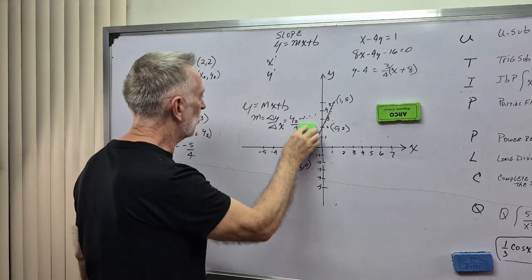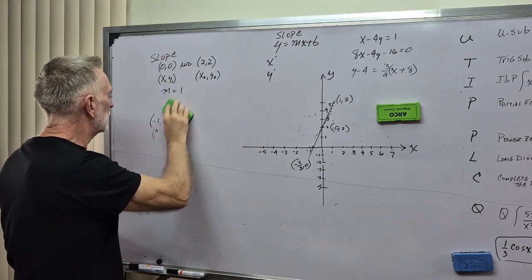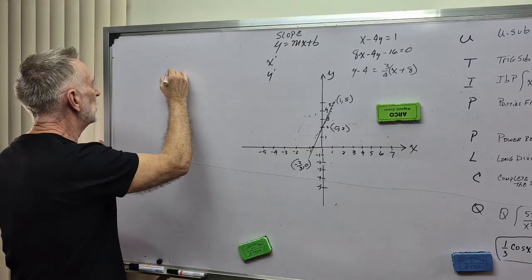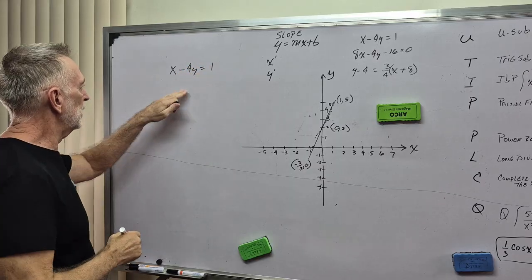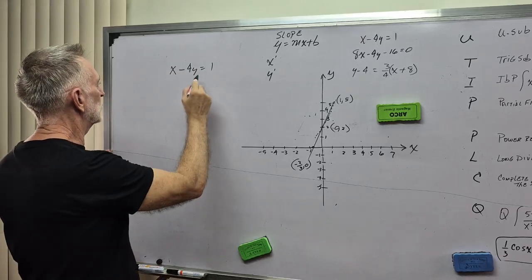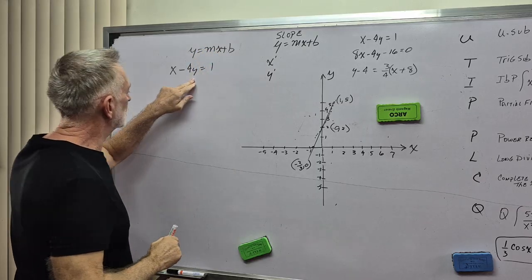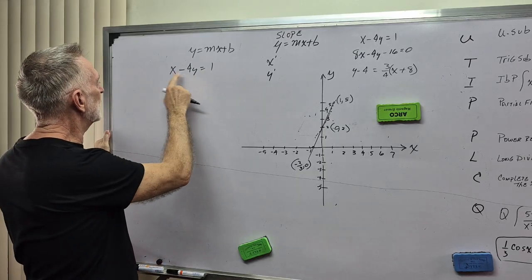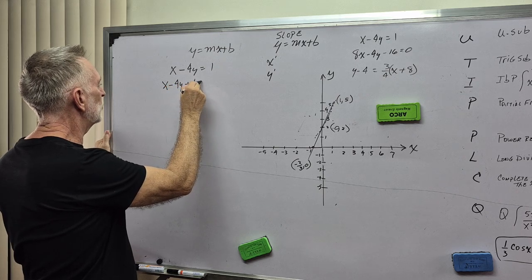All right, let's work a few more problems you had in your book. One of those, they wanted us to find the slope of x minus 4y equals 1. They said take that equation and find the slope of the line. Well, the form is y equals mx plus b. So we want to solve this equation for y. Since y is negative, x minus 4y, I'm going to add 4y to both sides.